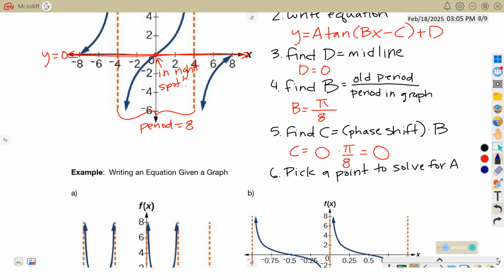So if I go to that curve, I see that if I'm at 2 on the x-axis and I go up, that puts me at 2 on the y. So the point 2, 2 is on my graph. That's what I'm going to use to solve for A.